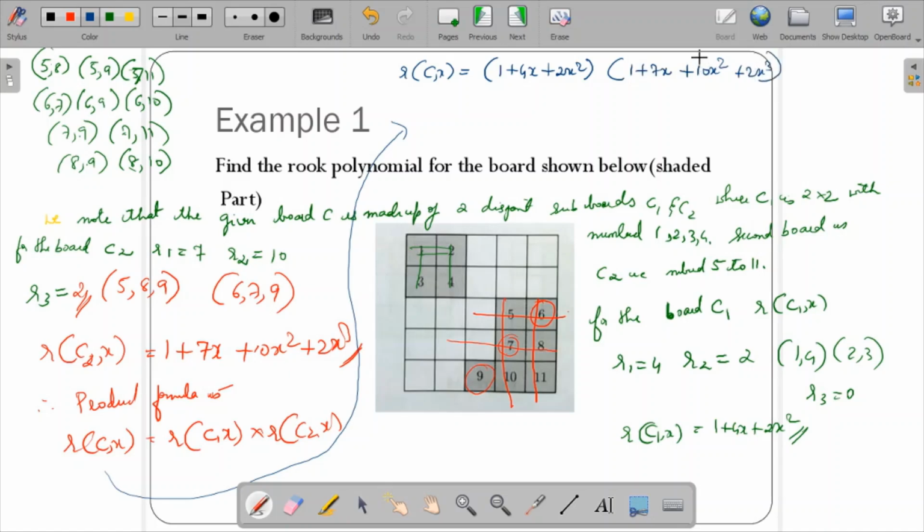So just try to multiply, this will result in 1. When you multiply 1 into this, it will be 1 plus 7x plus 10x square plus 2x cube. I just multiplied 1. Next, when I multiply 4x, it would be 4x into 1, 4x into 7x would be 28x square, and 4x into 10x square would be 40x cube.